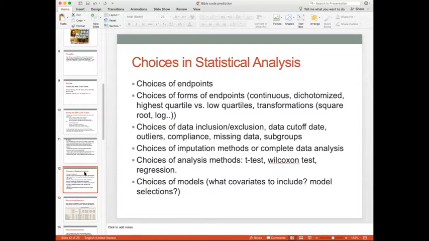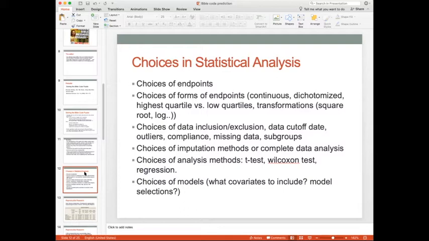So either we use a continuous variable or we dichotomize the variable. And sometimes we compare the highest quartile versus the lowest quartile, right? And sometimes we make some transformation. So these are all choices. And sometimes we look at these different options in the analysis and pick the one that we think is reasonable and report it.